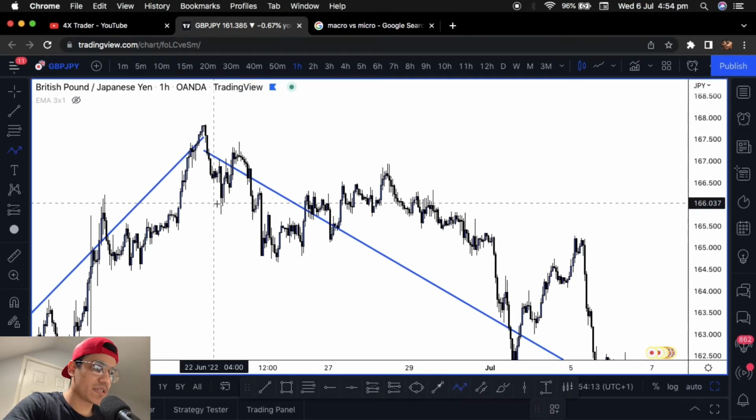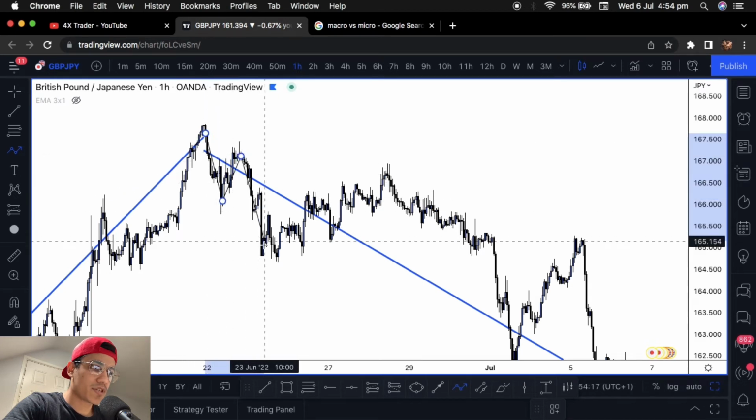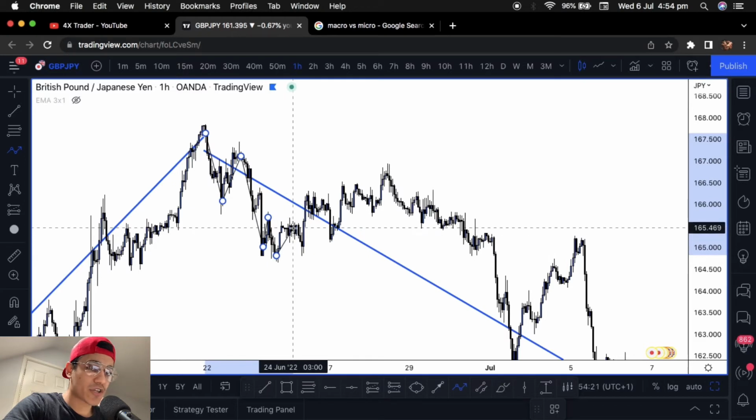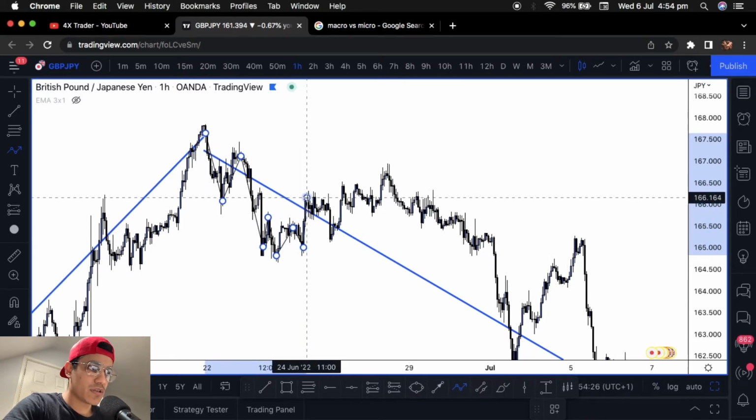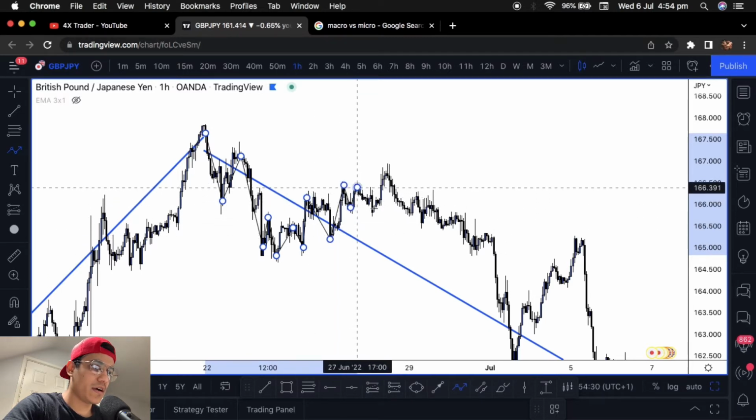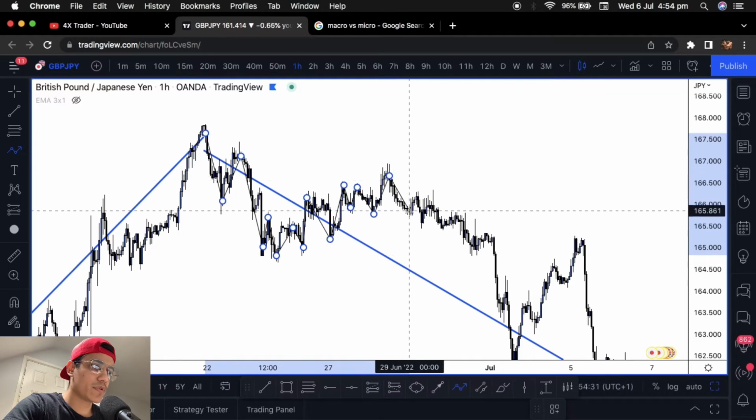We have a push up, push, retracement, boom. Micro market structure shifts to bullish. High, high, low, high, high, low, high, high, low. Then boom, shifts again.